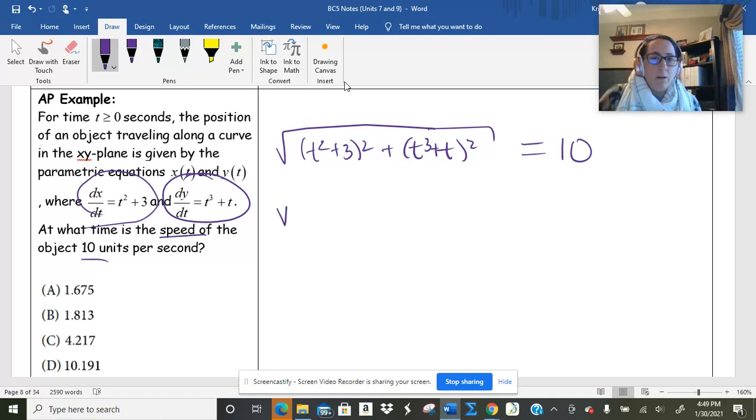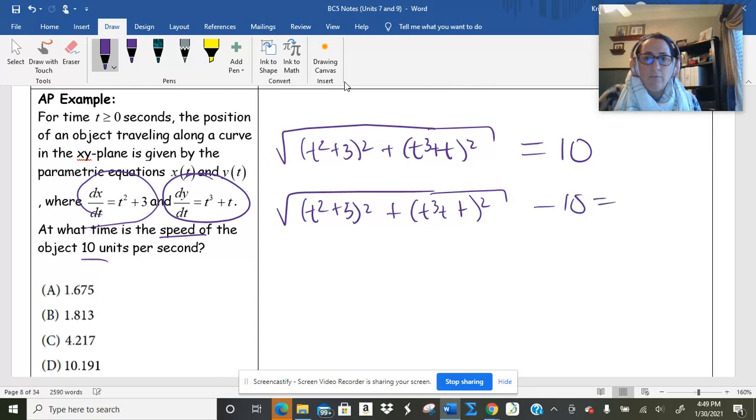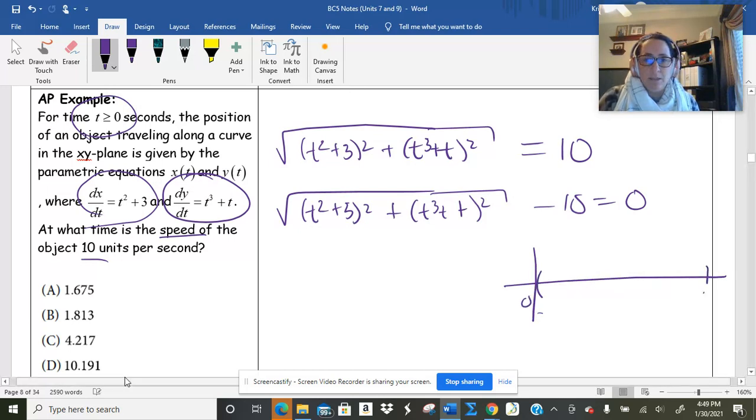And so all I ever do, you guys, when I'm trying to find equations that are equal, is I bring one side over and find the 0. And I know I'm only looking at my window greater than 0, and this is giving me a hint. I'm not going to look much past 10, so I'm going to look here and go from -1 to 1, since I'm only looking for the 0. Go graph it, pause if you need to, find your 0, and make sure you get the same thing.